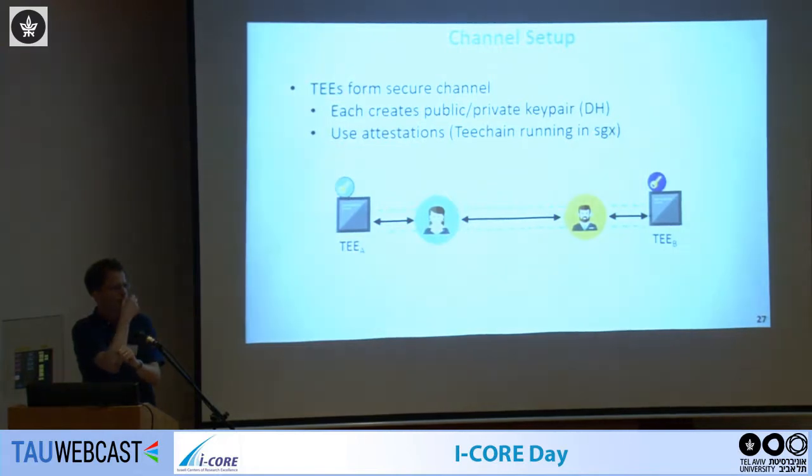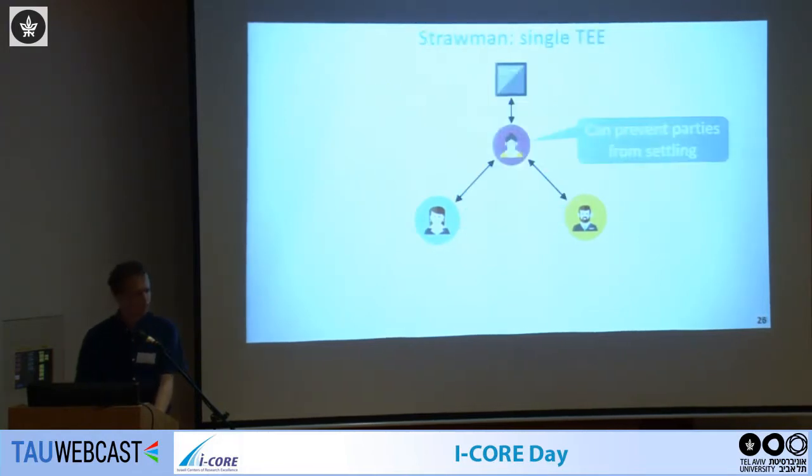So when you said one trusted execution environment can lock both parties out of their contract, that also appears to be the case if Intel is malicious, right? So if Intel has some way of sending a signal to all of their trusted execution environments at one point in time, and they all stop working.